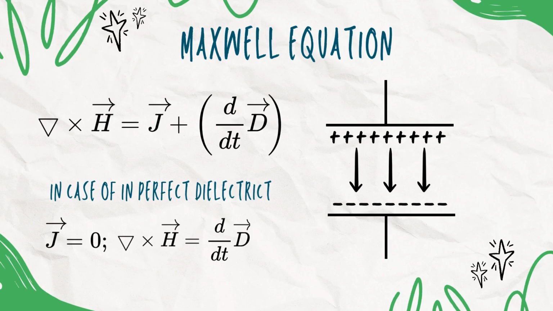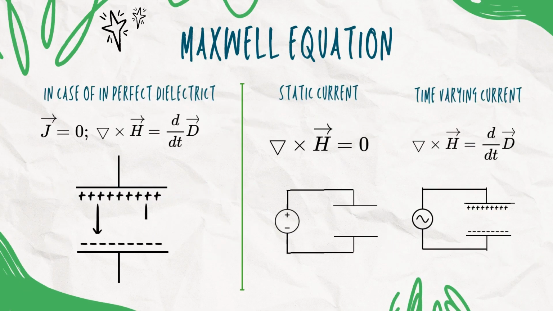In the case of imperfect dielectrics, where sigma is 0, J becomes 0. So the displacement current depends on the time varying d over dt of flux density D. From this equation, you can see that in static current, the displacement current becomes 0.